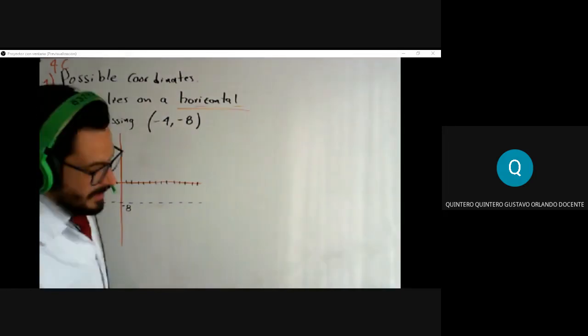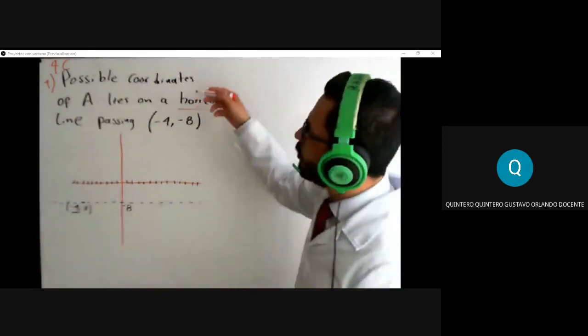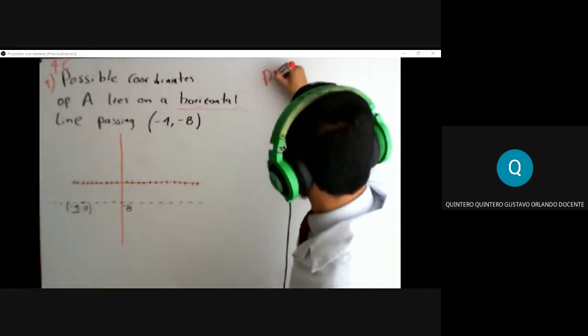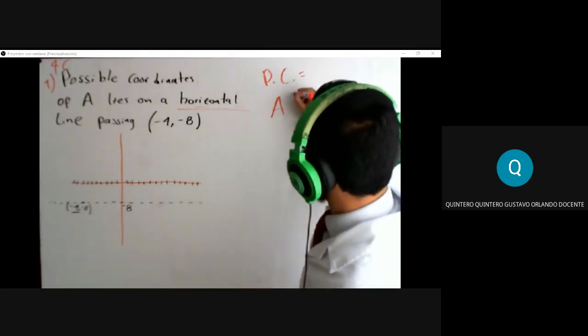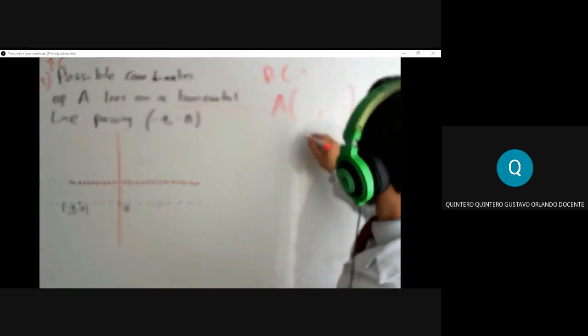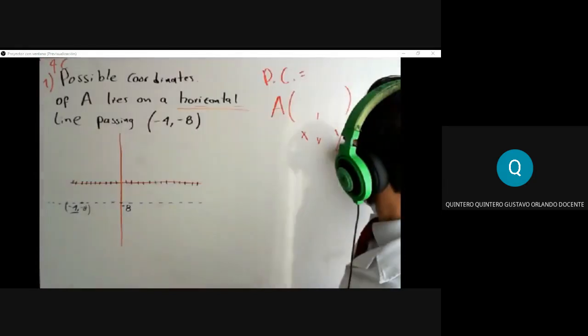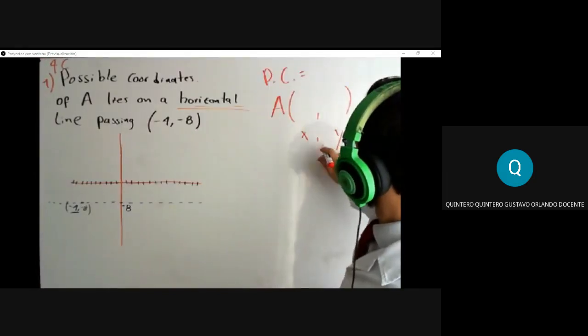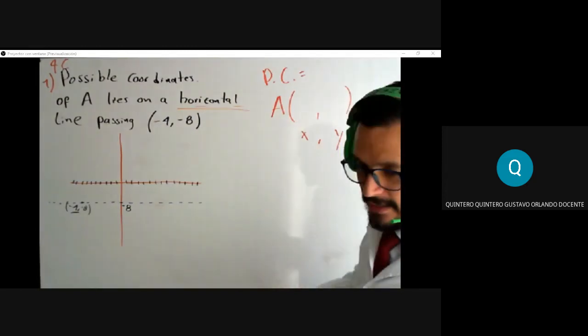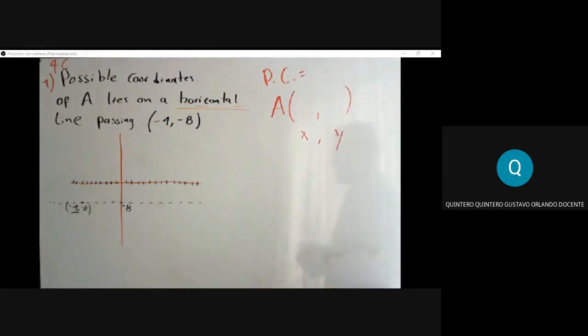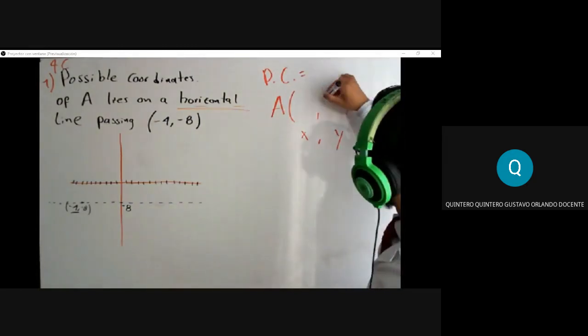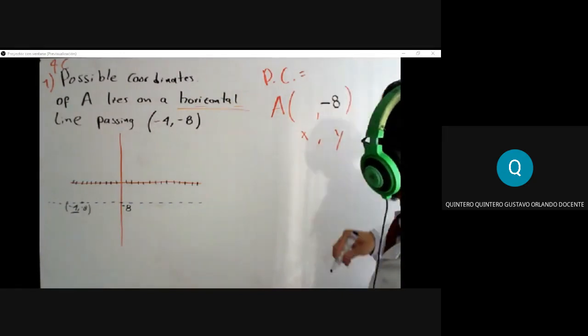So what would be all the possible coordinates for A? All right, the possible coordinates will be the point A, since we're talking about x, y, because these are coordinates, right? In y, we will always have -8.